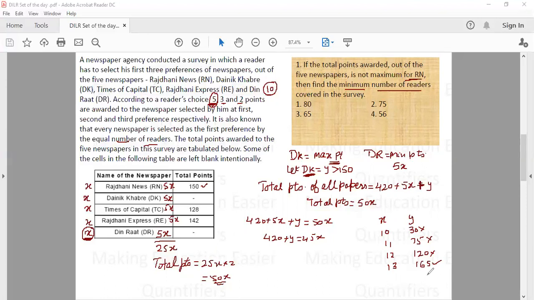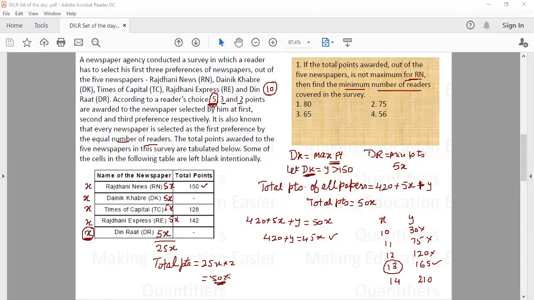No doubt the next solution, if I add 45 to this 165, you can check, is 210 and 14. This is also a solution to this equation, but in this case the value of x will be 14. Here the value of x is 13, and since we are interested in the minimum number of readers and the total points are 50x, if the readers are minimum, the points will be minimum.